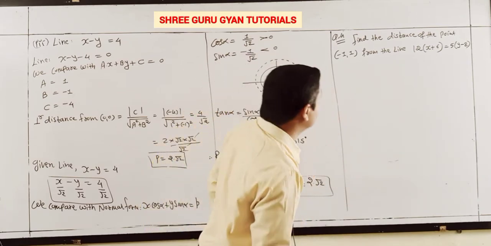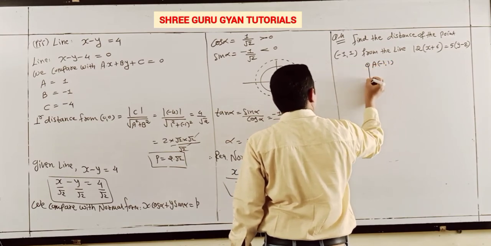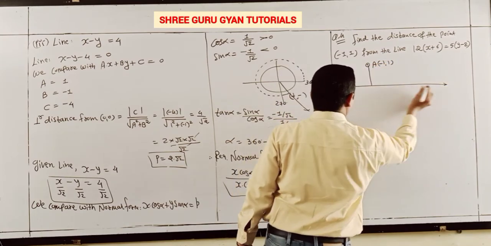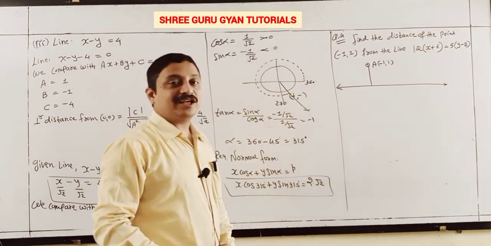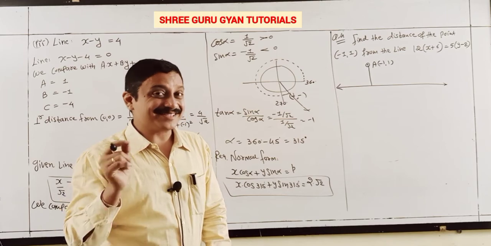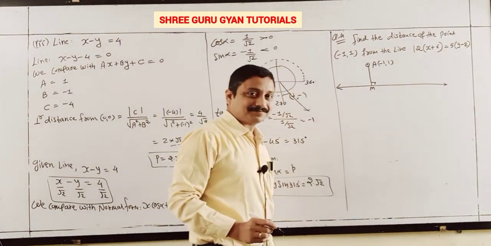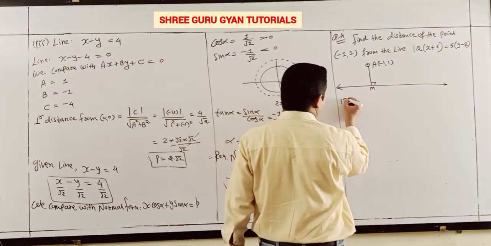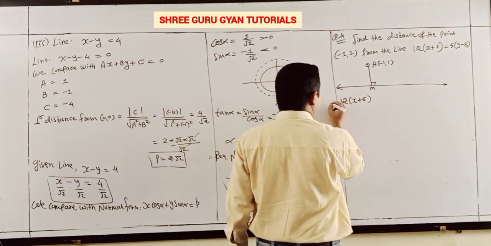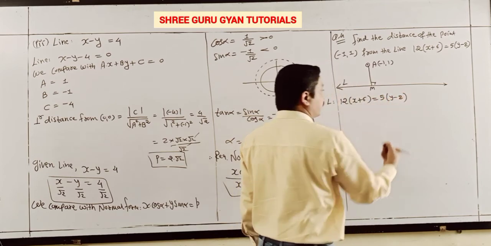Students, here one point is given and one line is given. But first I convert the line into the standard form, ax plus by plus c is equal to 0, and I want the perpendicular distance. So 12 times (x plus 6) equals 5 times (y minus 2).